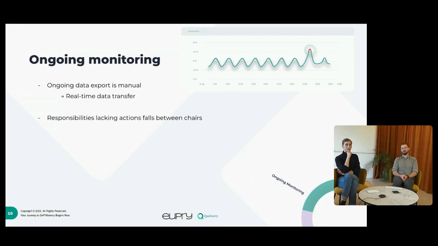This next one has less to do with optimizing efficiency and cost, and has more to do with avoiding non-conformities, I would say. One of the things we see with some systems or some configurations of systems is that the responsibilities are not clearly defined.